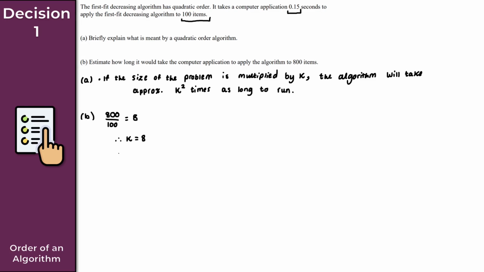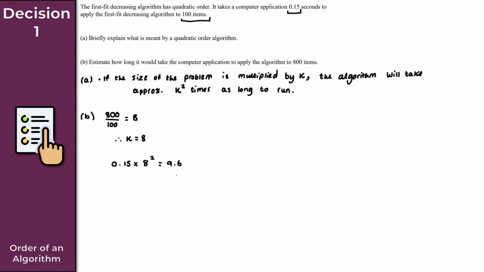And in that case, the estimated runtime to apply this algorithm would simply be this time. It's going to be 0.15 times by 8 squared because we have quadratic order here. So 0.15 times by 8 squared. Again, just grab your calculator. So 0.15 times by 64. What this gives us is 9.6.